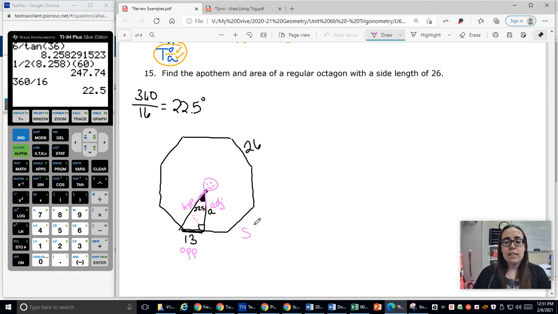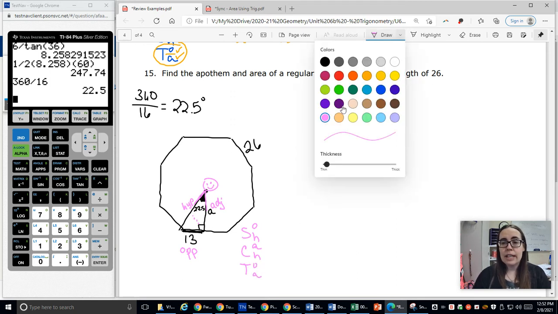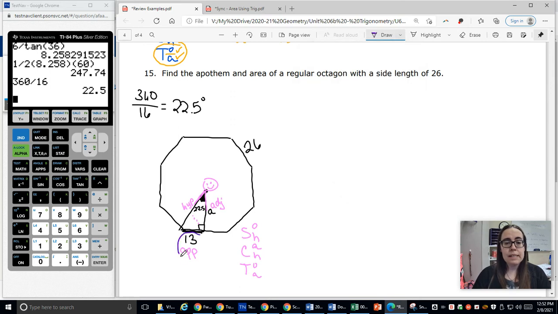So when I look at SOH CAH TOA, I'm going to see that I am looking at my opposite side, which I know is 13. My adjacent side I'm trying to find is my apothem. So just like in the last one, since I started with the side and I needed to find that apothem, I had my opposite, and I'm looking for my apothem.